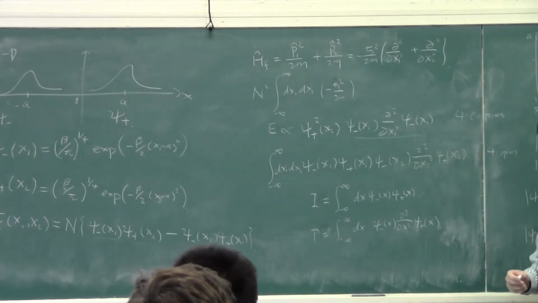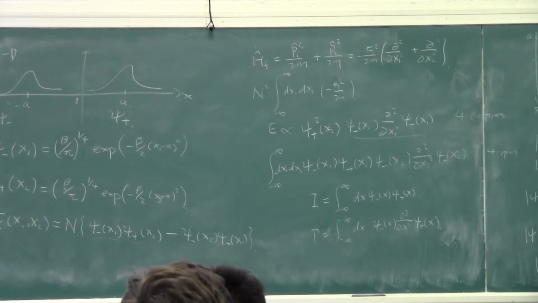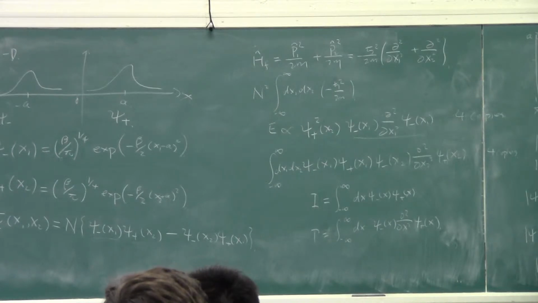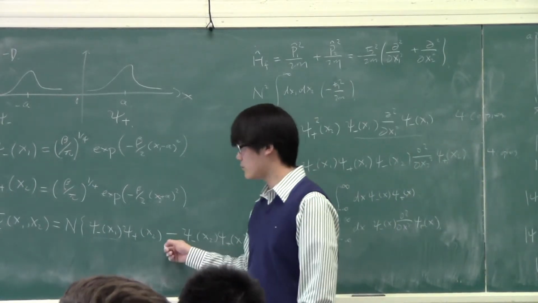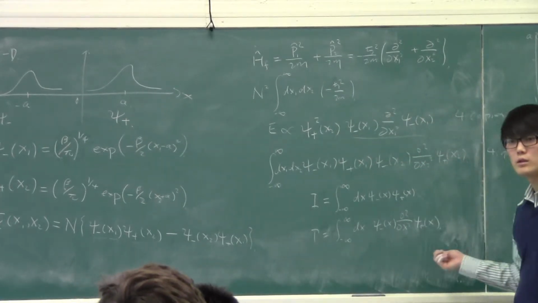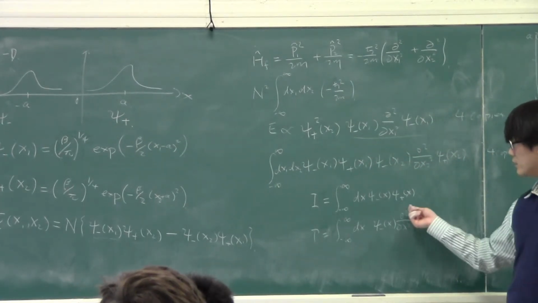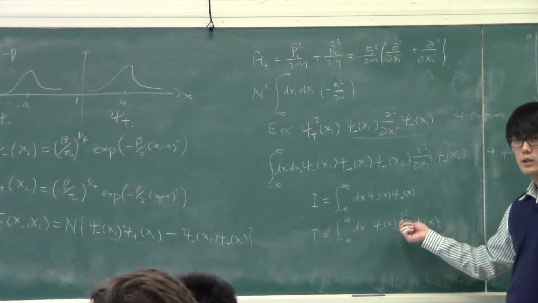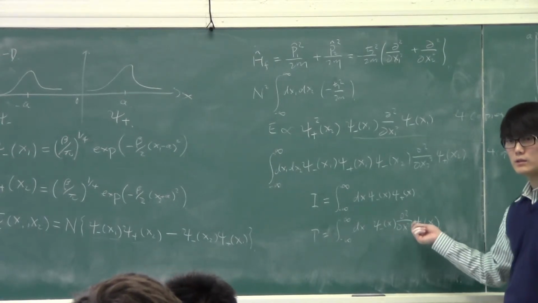You can already see that because of the overlap of the wave functions, and because of this indistinguishability, the requirement to put a minus sign here, you have cross terms in the kinetic energy. And this is effectively the interaction.